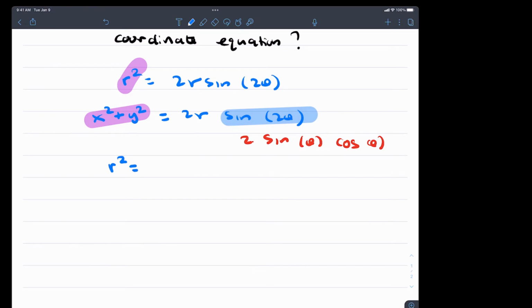Yeah. R, this will be now 2 times 2, which is what? 4R sine theta cosine theta. And that was no longer R, that was what?